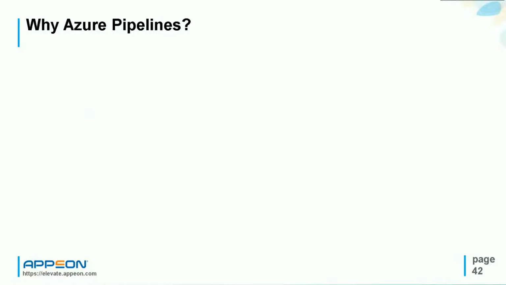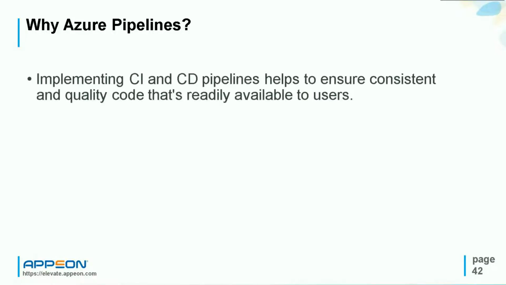In my next section, I'm going to discuss pipelines. Why Azure Pipelines? Well, we've talked about this before, but implementing CI and CD pipelines helps ensure consistent and quality code that's readily available to users.